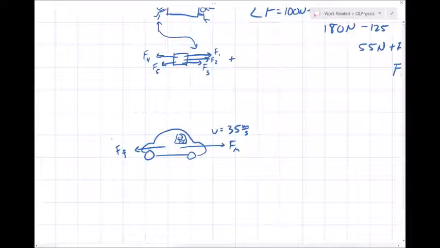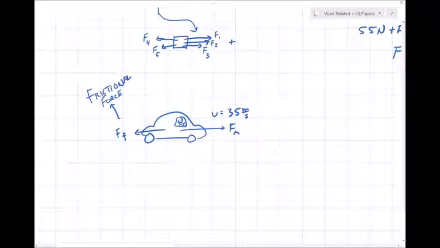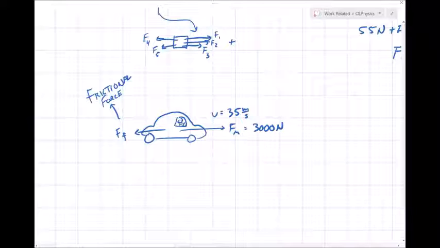So again, this is a different force that we haven't really discussed much, but you've probably had experience with. It's a force that causes things to stop moving, essentially, in real life. So let's say that this person has to exert a force of 3,000 newtons to maintain this velocity. What is the force of friction if they're going at a constant 35 meters per second?